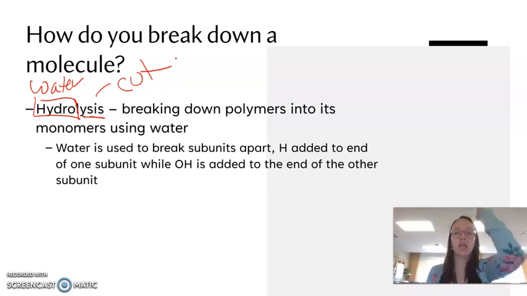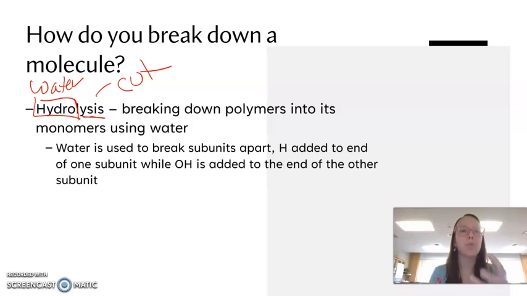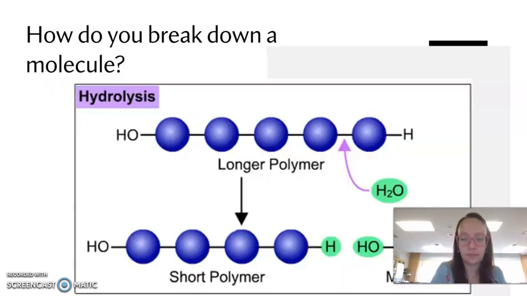So I am literally cutting a molecule with water. I'm breaking down a large molecule by cutting it with water. I take a water molecule and I smash it into that bond. Hydrogen goes to one side, OH goes to the other side, and they are now broken apart. I have completed those bonds with those pieces of water, and now I've got smaller subunits.